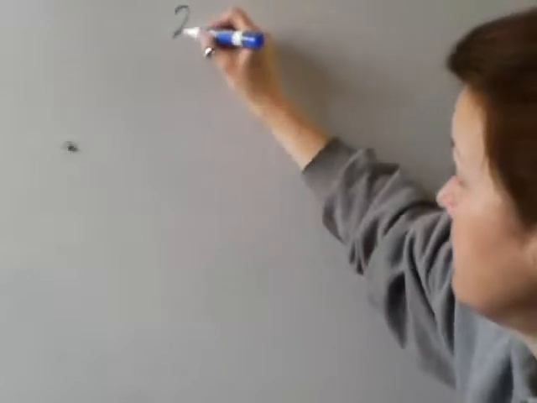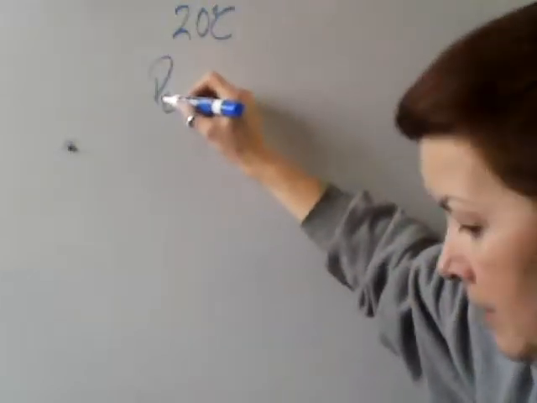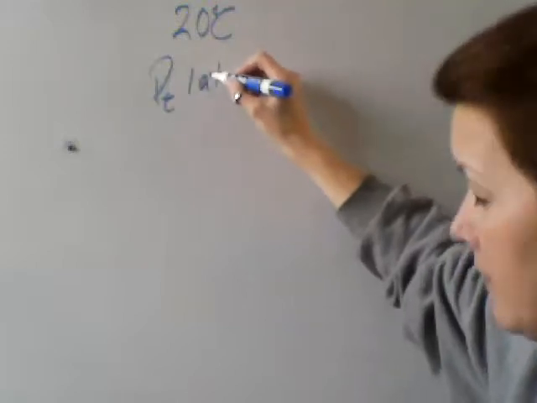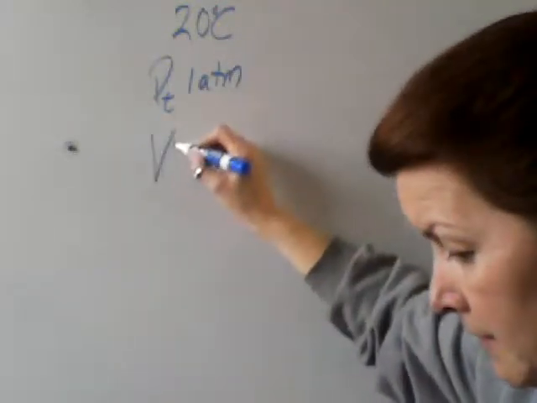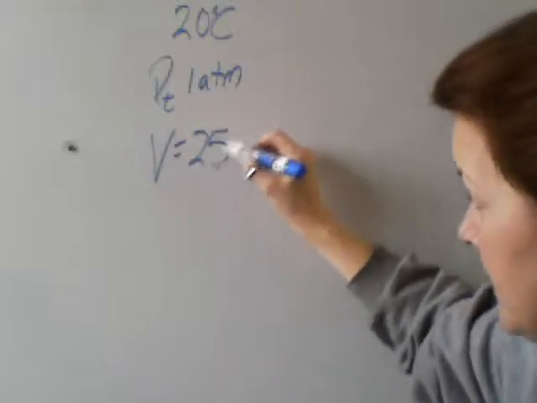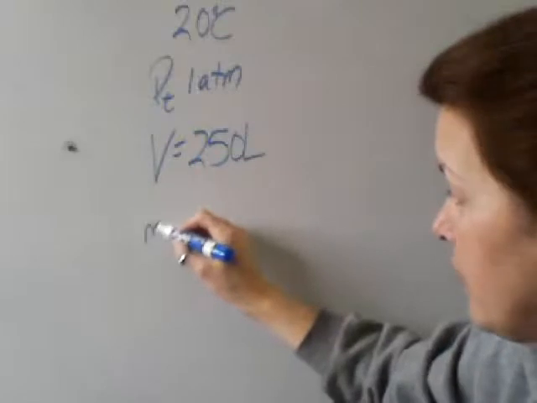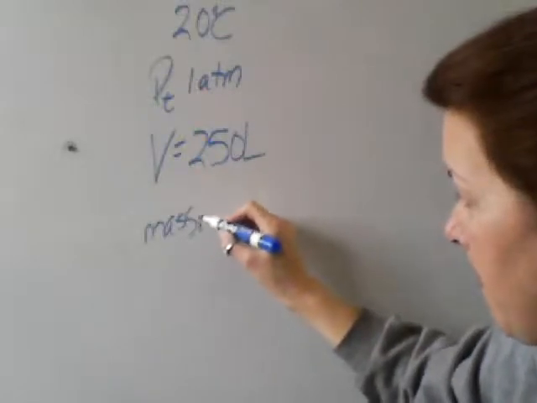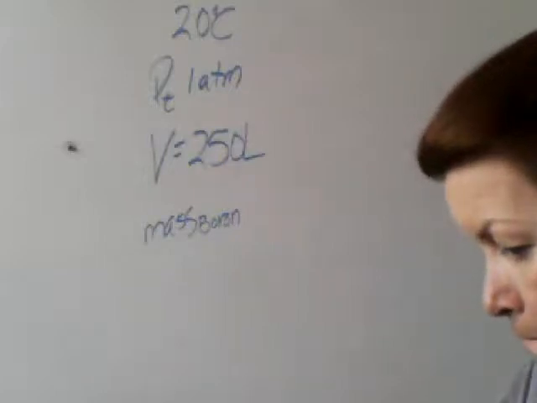Question number 8 tells us that we have a sample of boron gas collected over water at 20 degrees C and a total pressure of 1 atmosphere. The volume of the gas collected is 250 liters, and it wants to know what is the mass of boron that's collected.